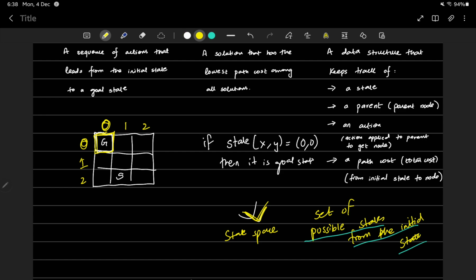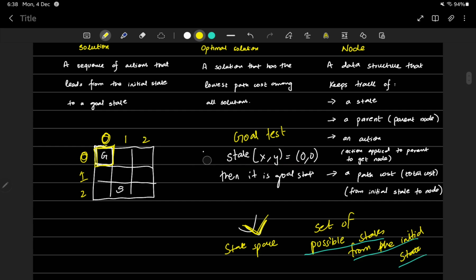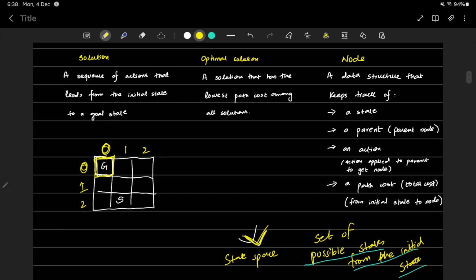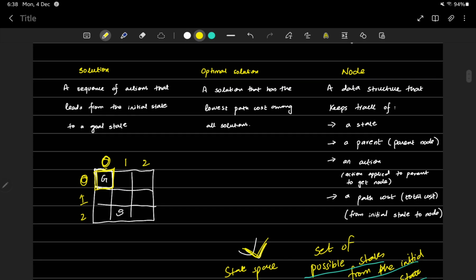So this condition that I wrote is called a goal test. Now in grid world, this is specific, and if you have a very different world, then it can be different, but it's something super obvious, right? It's not something out of this world, so do not get too confused about it. It's mostly the location, right? The location was this thing here, 0 comma 0. That's it.